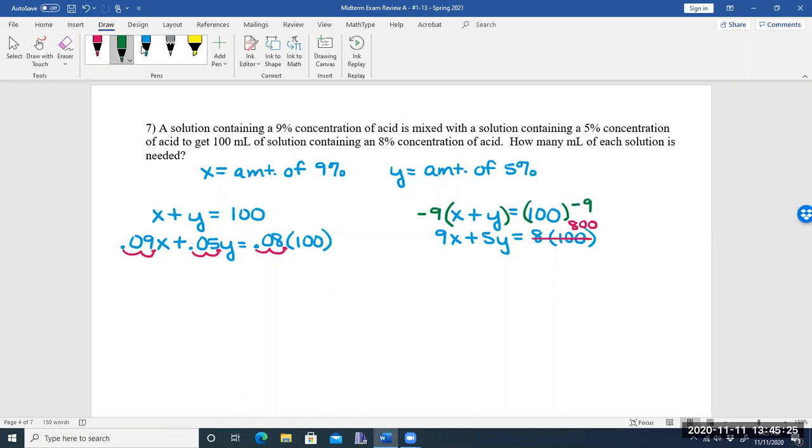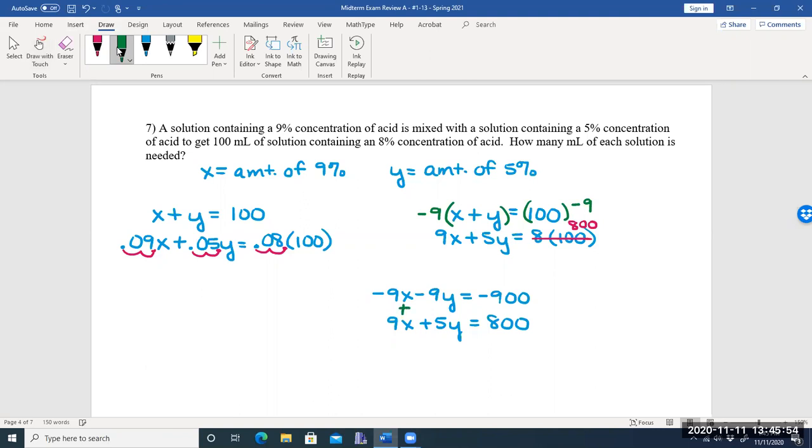The reason I pick -9 is because when I multiply both sides by -9, and then I just copy my second equation, I'm not changing the second equation, I'm just copying it. Notice that my coefficients on the x variable are opposites. And that's helpful because I'm going to choose to use elimination.